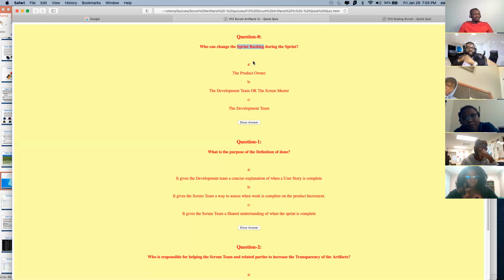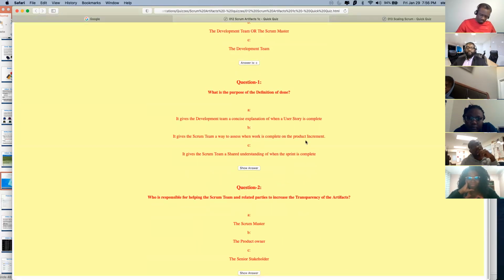They just ask the product owner for the priority, and then they decide, based on their capacity and the complexity of the stories, what they can take. And they do the work. So nobody else can change anything in the sprint backlog unless the dev team approves. The sprint backlog is owned by the dev team. The product backlog is owned by the product owner. That's the difference, and that's why I was asking whether we were talking about the sprint backlog or the product backlog. In this case, it's the sprint backlog.